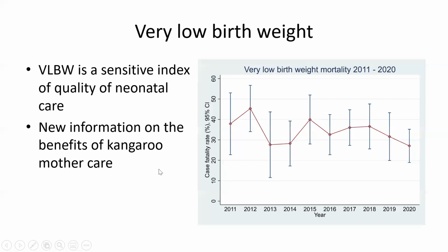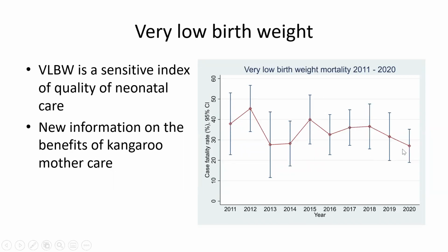I won't go through this in too much detail today, but there is now new evidence on the benefits of skin-to-skin care between a mother and a baby. I sent around the New England Journal of Medicine paper, which came out 2 weeks ago, and I think we'll talk about this another time, but there is really good evidence that in very low birth weight babies, if we can improve the early essential newborn care, the skin-to-skin care with the mother, then their outcomes will improve.